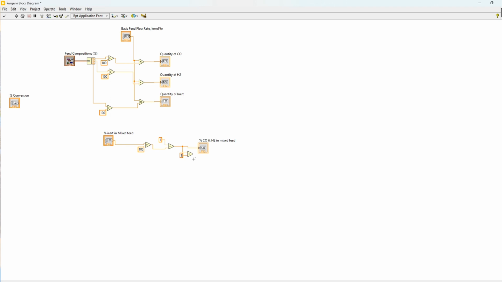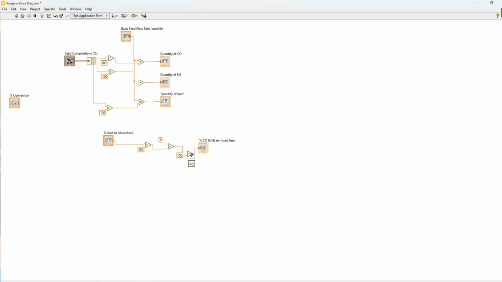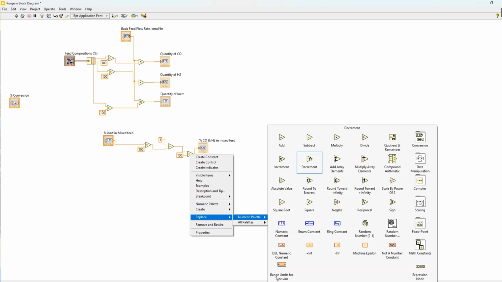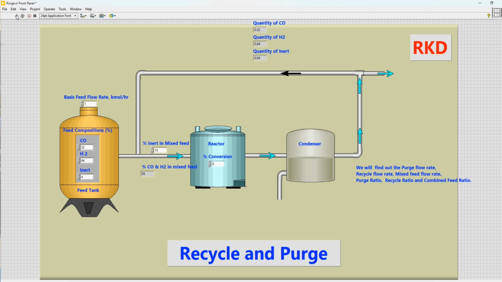From here again I'll multiply by 100. So now this is 85% CO and H2 in the mixed feed and 15% inert.